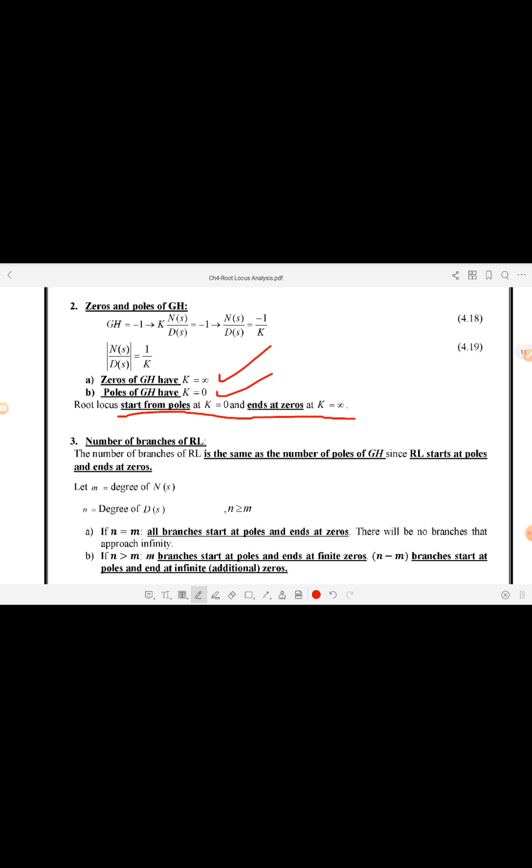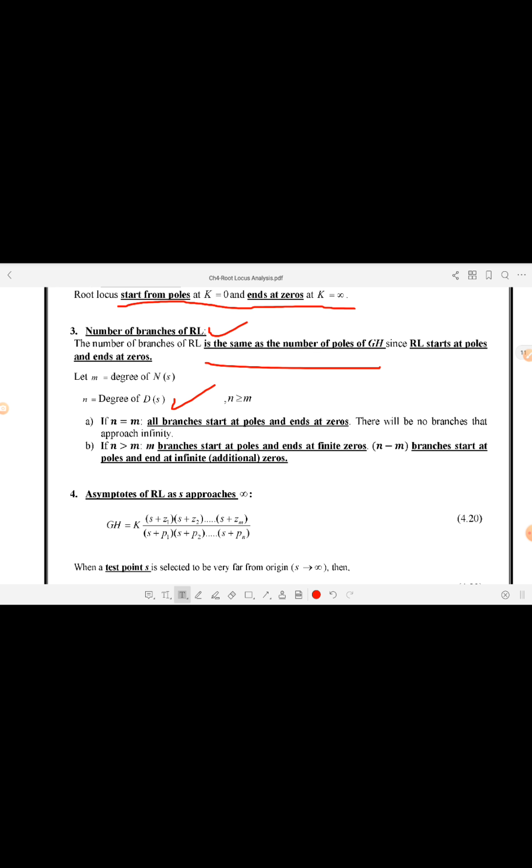الخطوة الثالثة كانت اللي هي number of branches of the root locus، وحكينا number of branches هي عبارة عن the same number of poles of GH، اللي هي the degree of the denominator اللي هو n. وبناء عليه حكينا انه إذا كان عندي n is equal to m then all branches start from poles and end at zeros and there will be no branches that go to infinity.